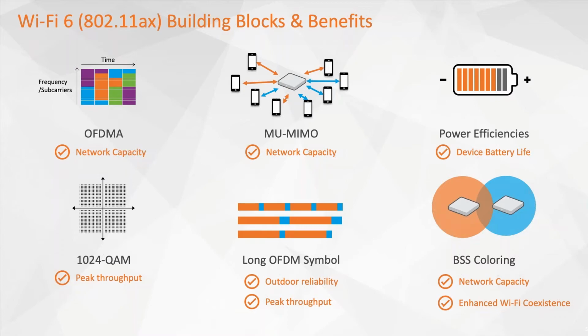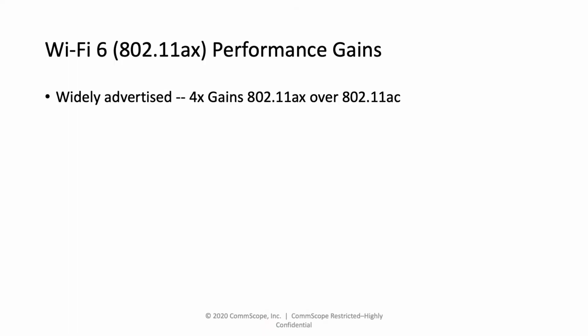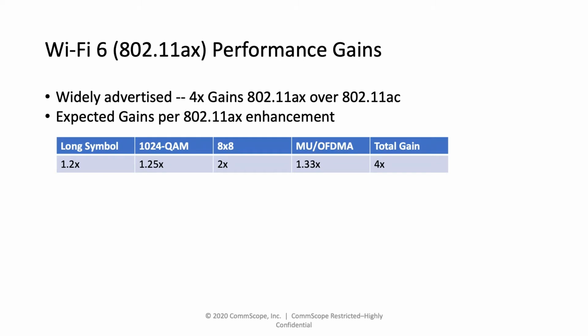And leading up to that, let's talk about performance. What's advertised is a 4 times performance gain for AX over AC, and AC is quite fast. I mean, for most users, AC is fast enough, right? And again, it's not all about speed, but if you look at the marketing folks, the expected gain is 4 times, is what they say.